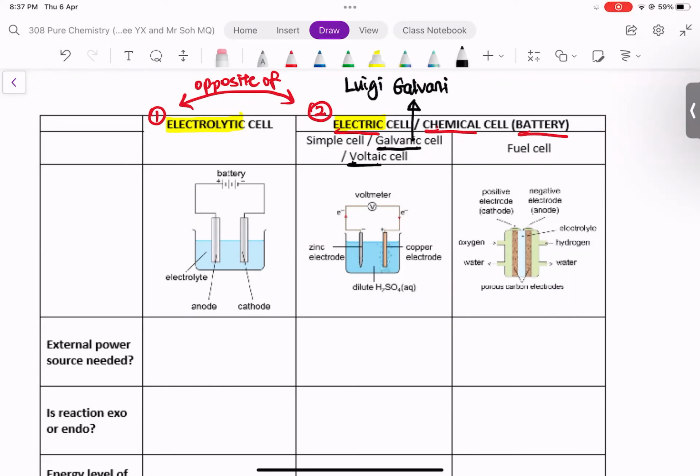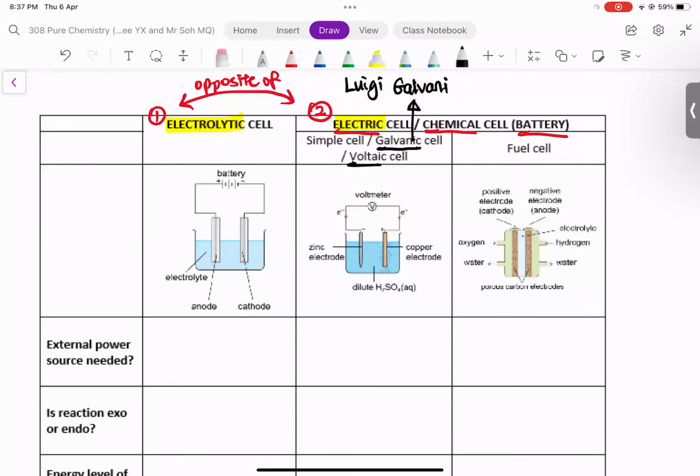He's the Italian scientist who first experimented with frog legs. He realized that frog legs, even after the frog has died, will still twitch. Twitch means shake, shudder a little. Why?